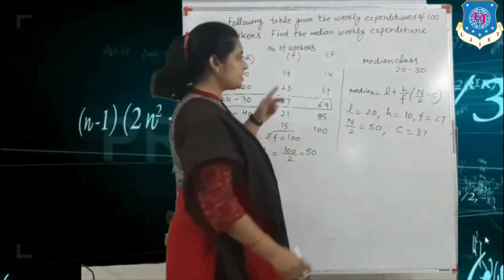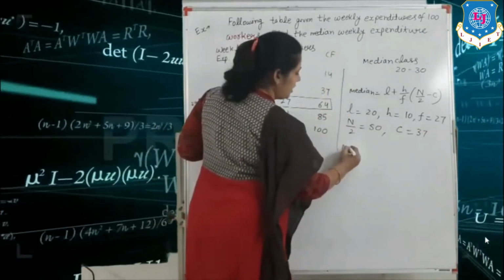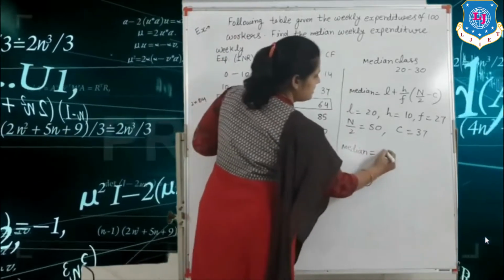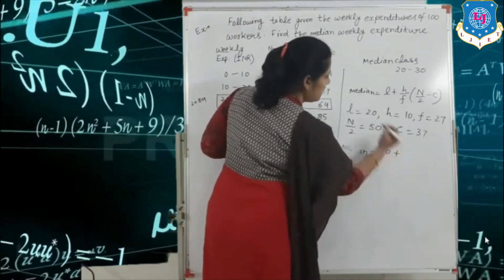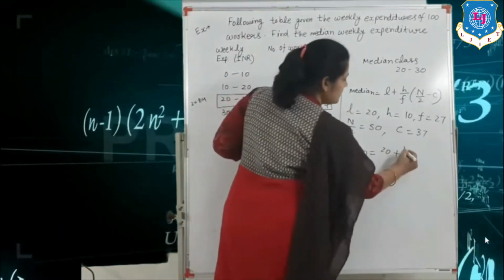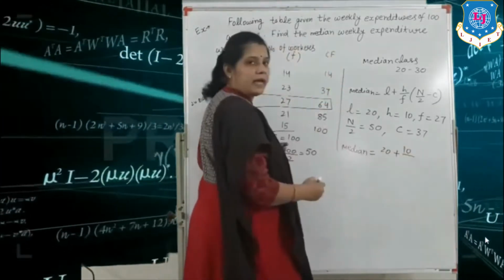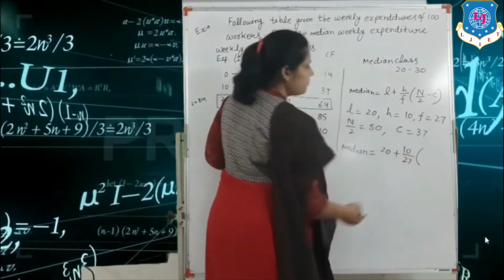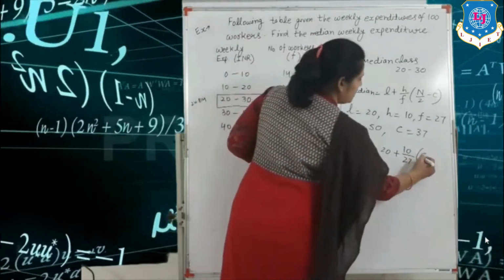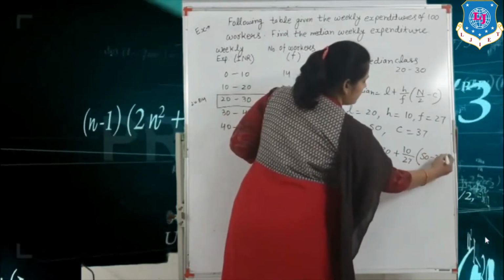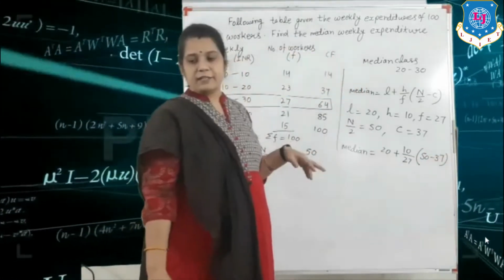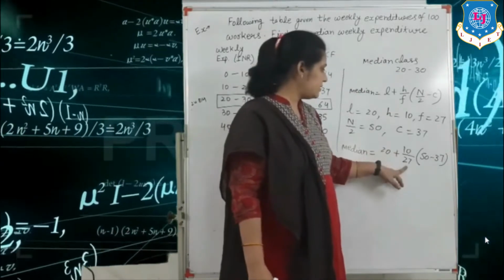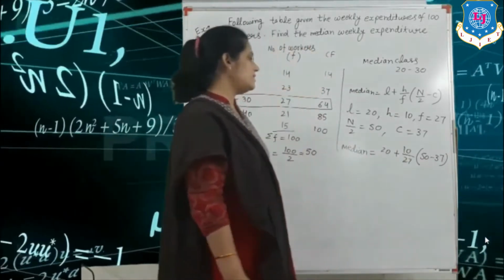Got it? So put all these values in this formula. So median is equal to L, that means 20, plus H, that means 10, divided by F, that means 27, times n by 2, 50, minus 37. Okay, so your value is what? 20 plus 10 by 27 times 50 minus 37.